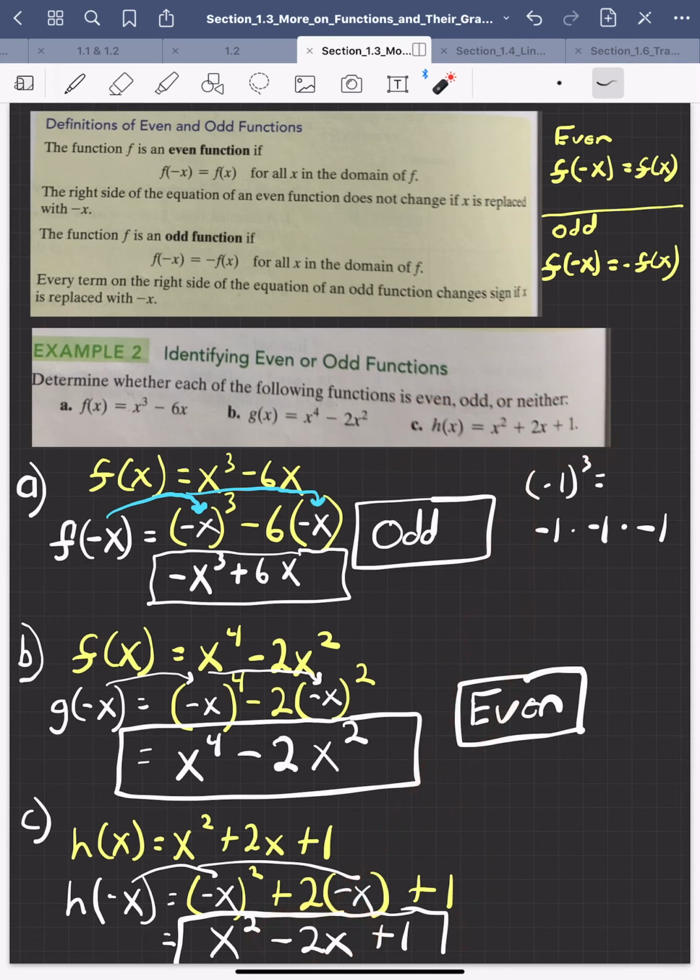All right, if it's an odd function, it should be the opposite signs of what we started with. So an odd function would mean that this becomes negative, this becomes negative, and this becomes negative. Did that happen? No. So it's not even, it's not odd, so it's neither.